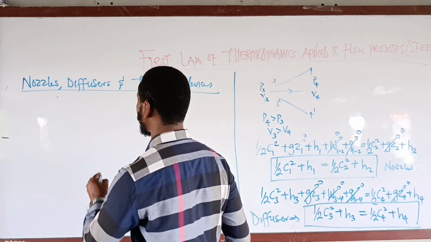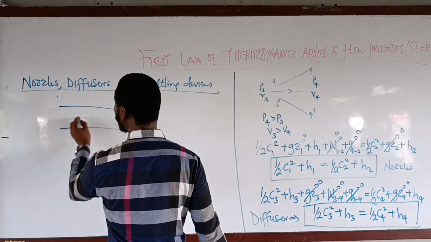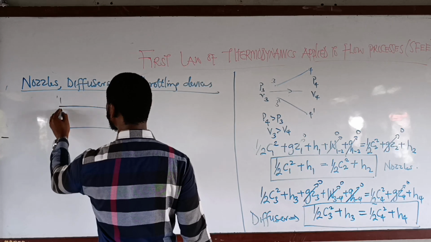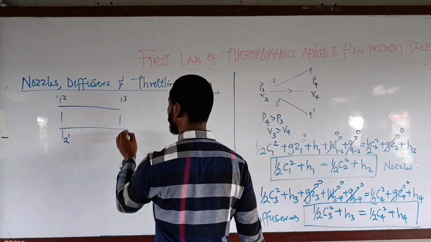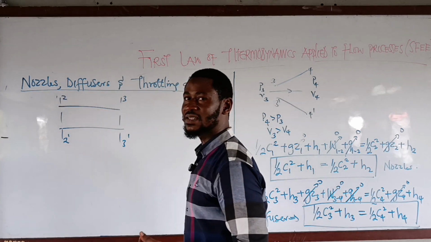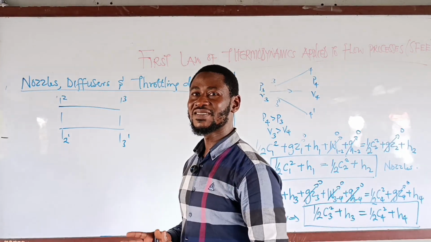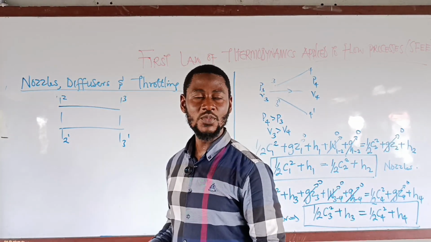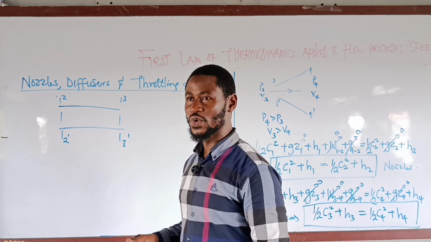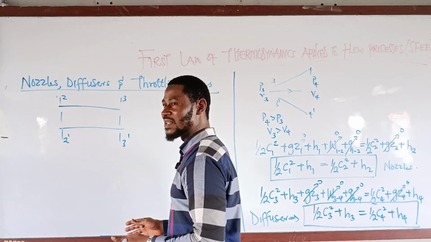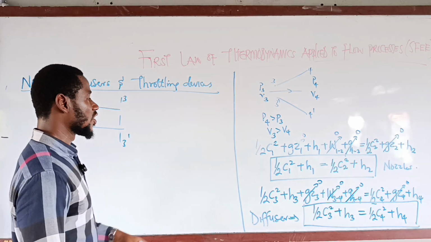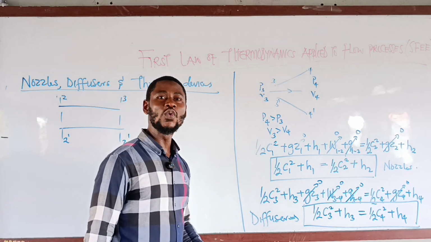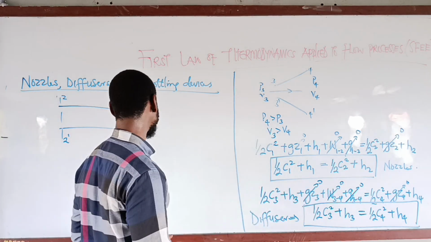The throttling device lies between state 2 and 3. At this level, since the diameters are uniform, going back to the continuity equation tells us that since the diameter is equal, definitely C at this level will be equal to the other side.